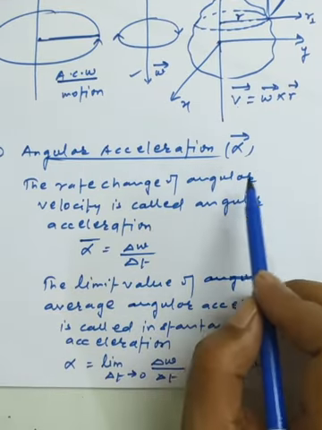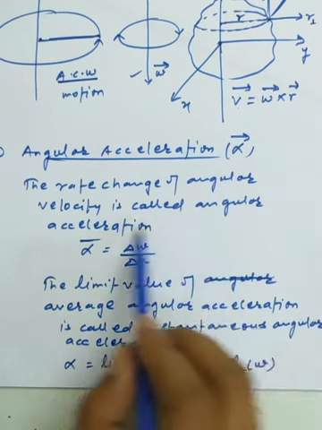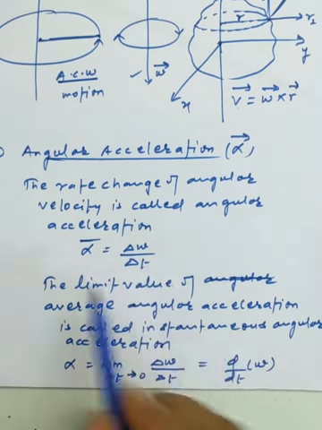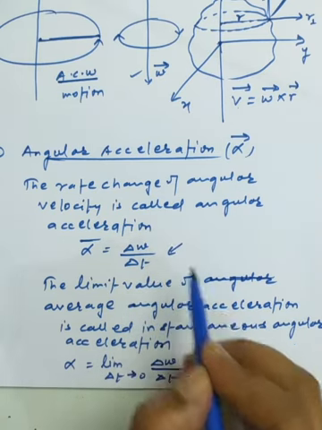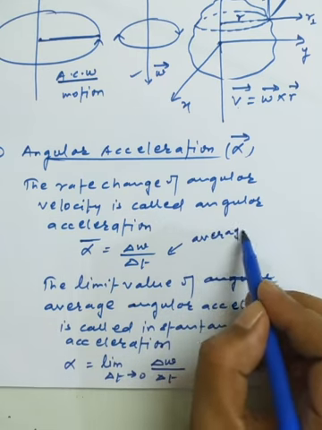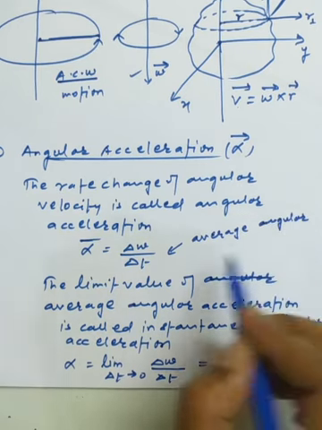Now the next term for discussion is the angular acceleration, and the rate of change of angular velocity is called the angular acceleration. So here we have the point of discussion, that is average angular acceleration.